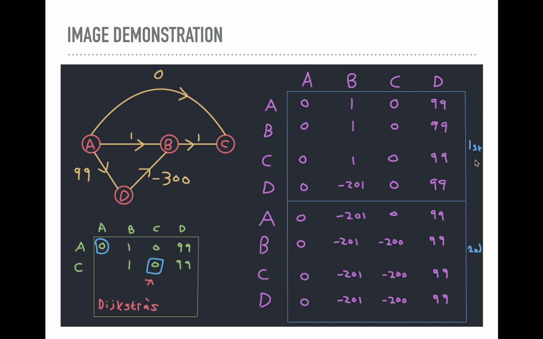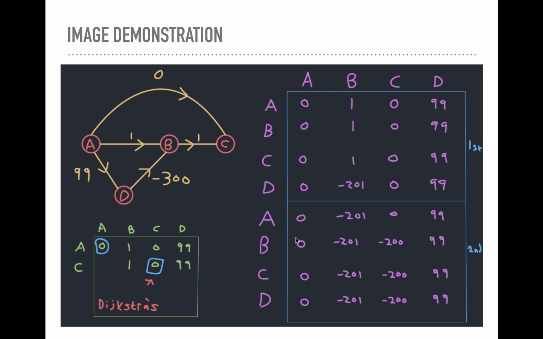That was our first iteration because we've gone over A, B, C, and D and compared them to A, B, C, and D. So if you remember, we're going to be doing the number of vertices minus 1 iterations. So we have to do 3 iterations, right? So here's iteration number 2.